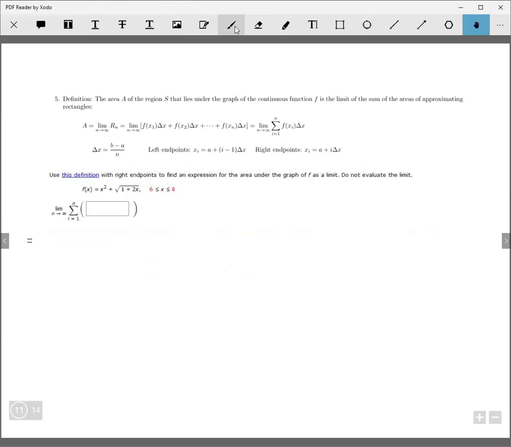Okay, now the definition: the area of the region S that lies under the graph is the limit of the sum of the areas of approximating rectangles. So basically what happens, just imagine this, okay?